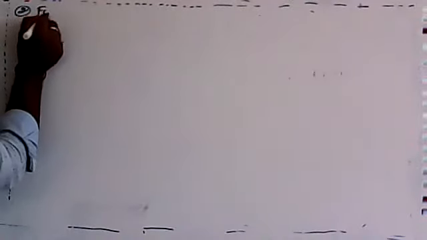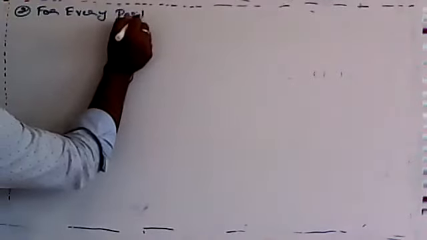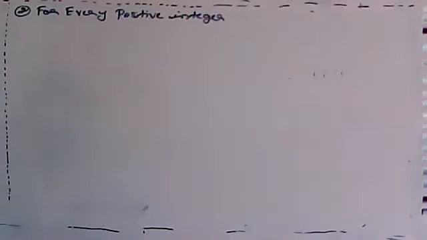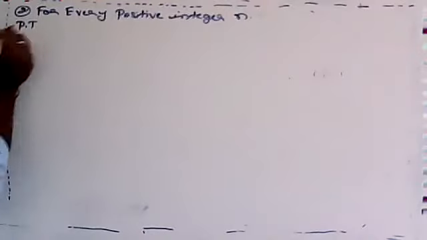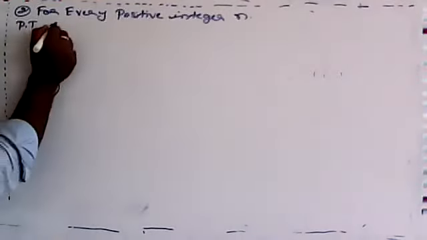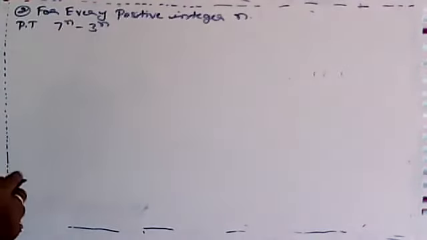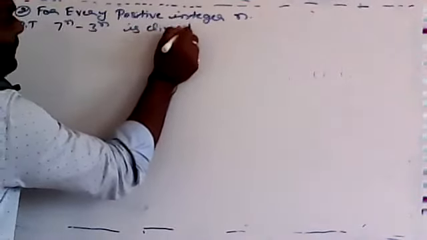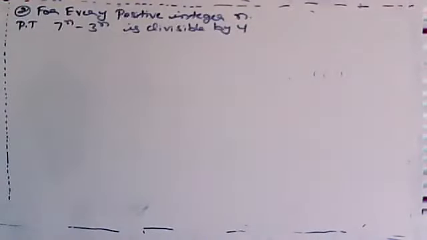For every positive integer n, prove that 7 to the power of n minus 3 to the power of n is divisible by 4.